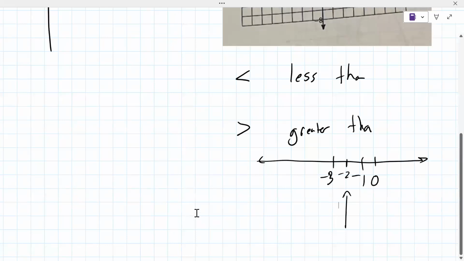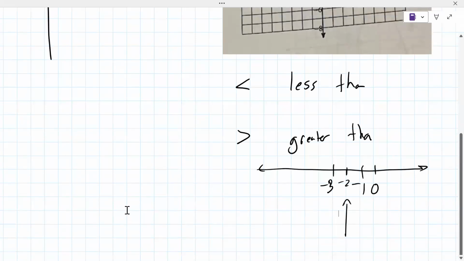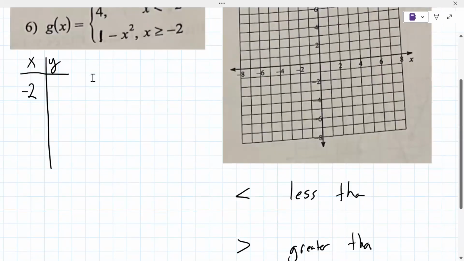Can you give me a number less than -2? Can it be right in there?